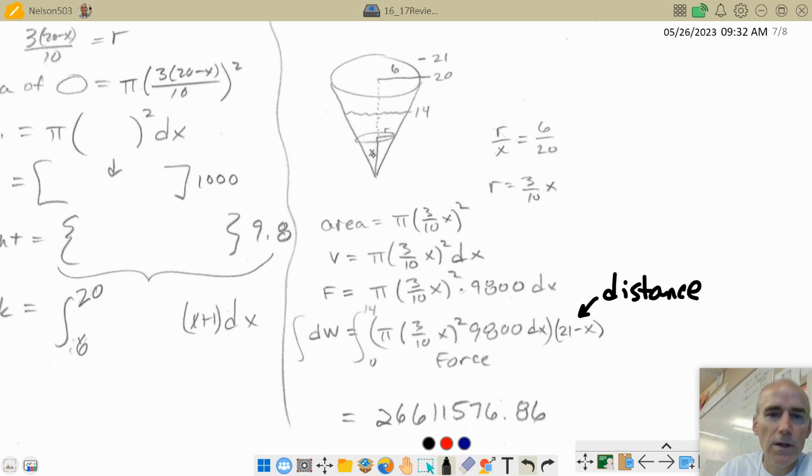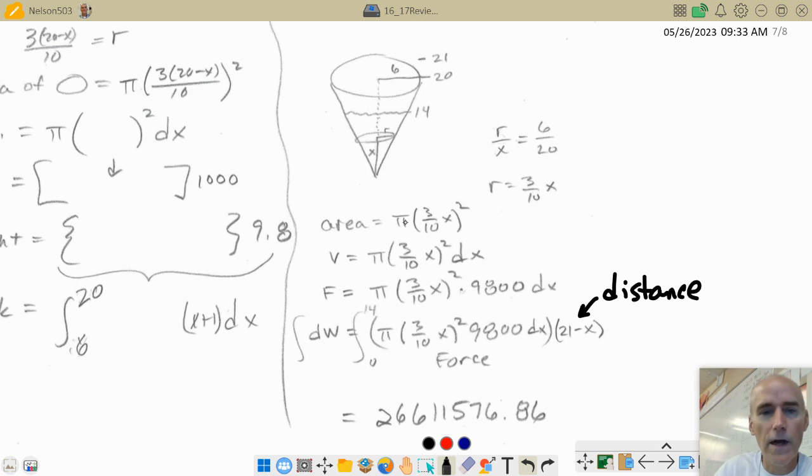So it came out a little bit easier when this is just x, because when I relate r to x, it's the same as relating 6 to 20, because 6 and 20 are in a similar triangle as r and x. So that's why I'm doing r over x equals 6 over 20. And then I multiply both sides by x, and I reduce my fraction down. So 3/10 x. I'm going to plug that 3/10 x right here and square it, because that's the radius squared times pi, right?